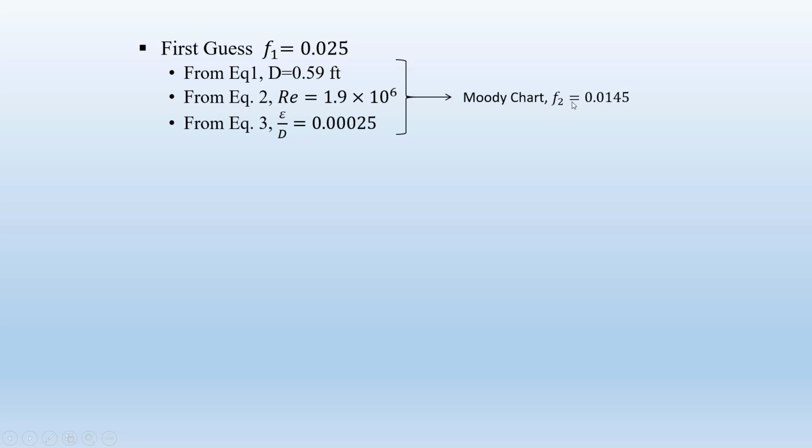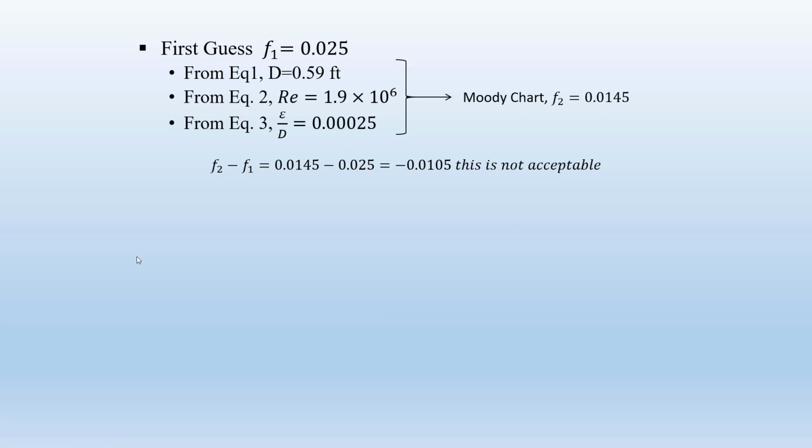This is the f from the Moody chart. Now I need to compare this f to make a decision. The absolute value of the difference between these two f is 0.01, which is higher than the acceptable criterion, 0.003. So I need to use this new f as a new guess, correct?